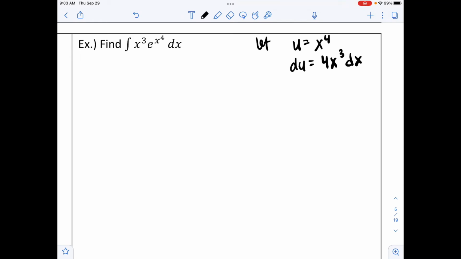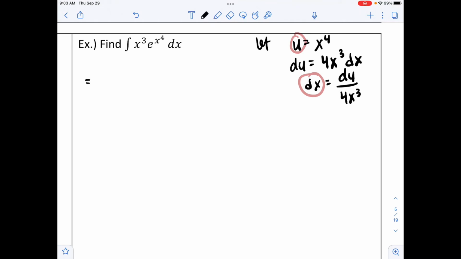Saves you one step, but if you didn't like that other one where you had written du/dx, you definitely can still do that. And then making sure I solve for dx, I'm going to get dx is equal to du divided by 4x cubed. So the next thing I'm going to do is substitute in u and also substitute in dx.